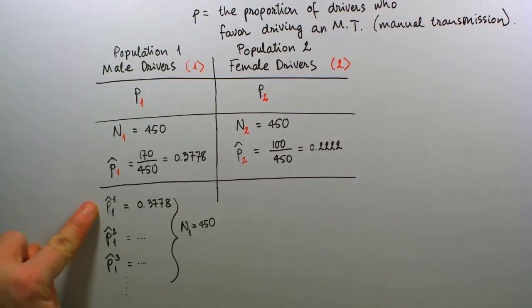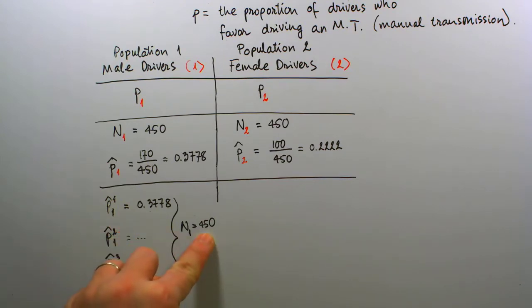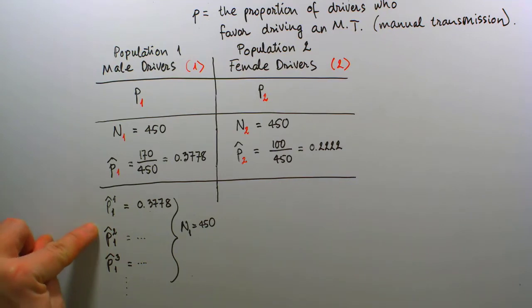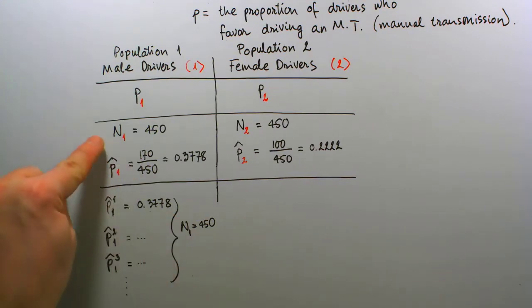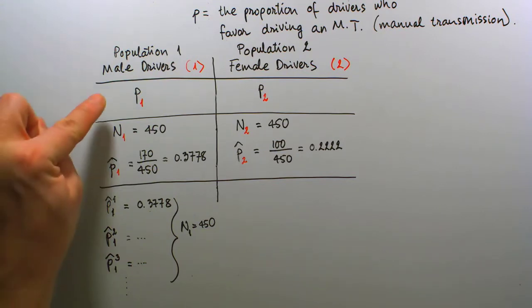So apparently p hat 1 first sample was out of 450, but if we would obtain a p hat 1 second sample or p hat 1 third sample and so on, any of these other sample proportion values must agree with the same sample size that we have already decided from the beginning. And this is the one that I call n1 right here. So n1 is the sample size that's being decided for all samples that we picked from population 1.